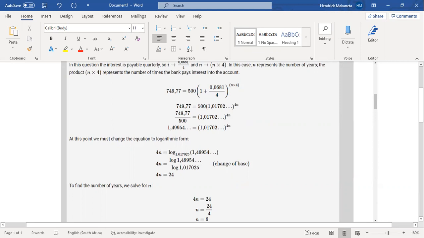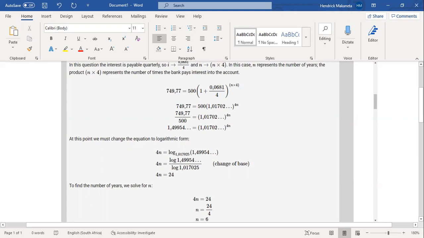So at the end of the day, 4n will be equal to 24. In order to find the number of years, we have to make n the subject of the formula. It means you must divide the left-hand side by 4.